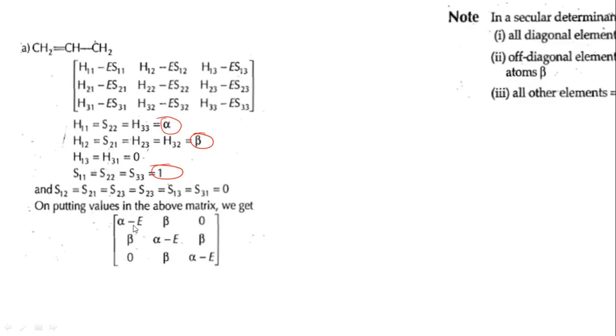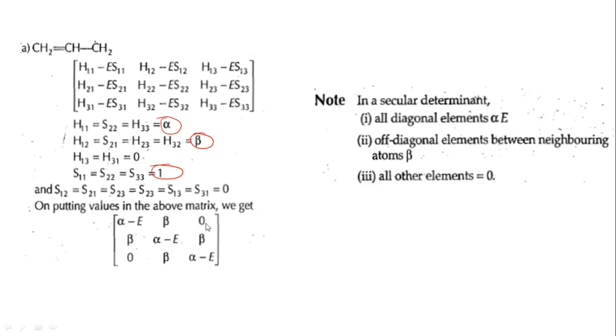Here you see this matrix, H11 minus ES11. In this matrix, you write H11, H22, H33 is alpha. H12, H21, H23, H32 is beta. H13, H31 equal to 0. S11, S22, S33 equal to 1. So substituting these values, alpha minus E, beta, 0.